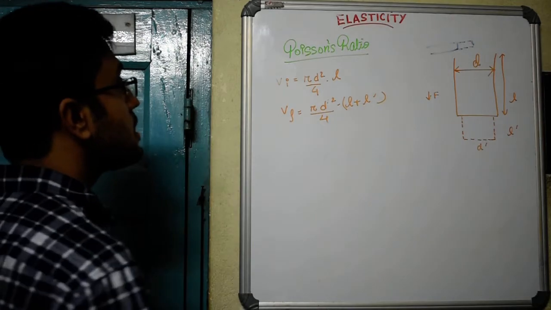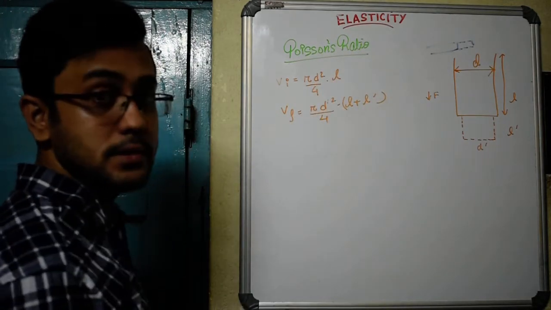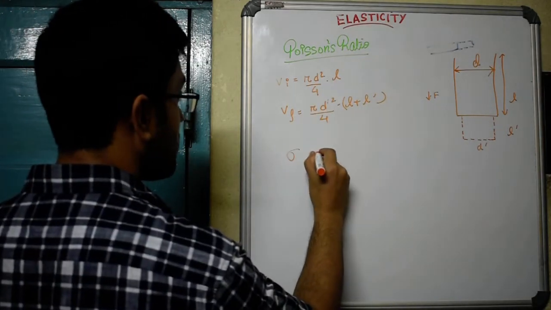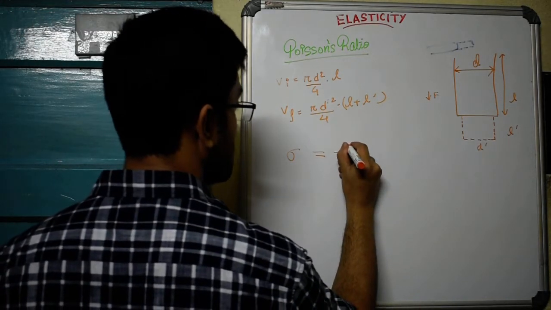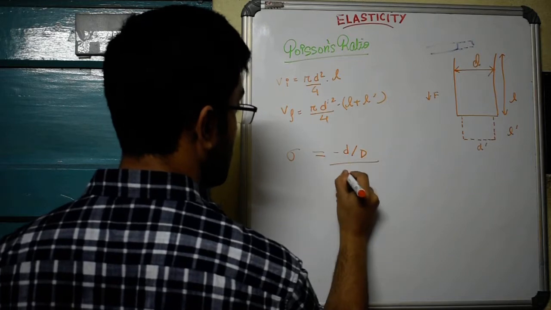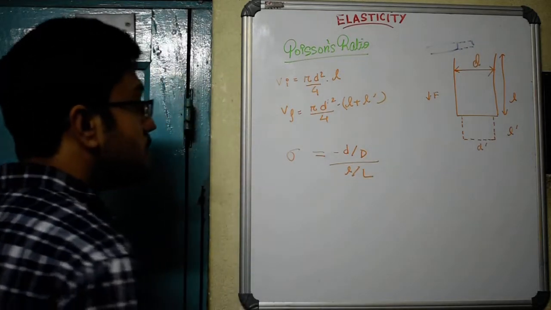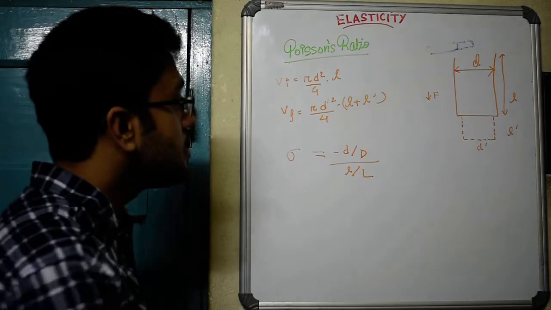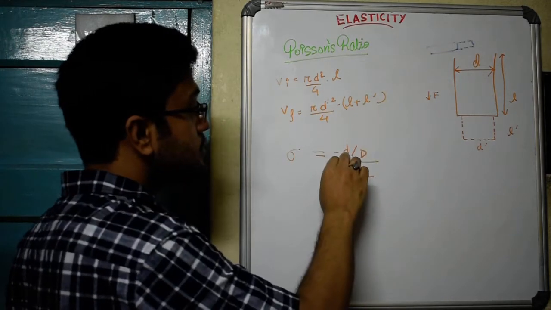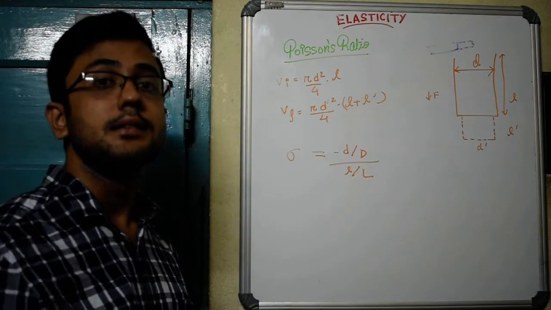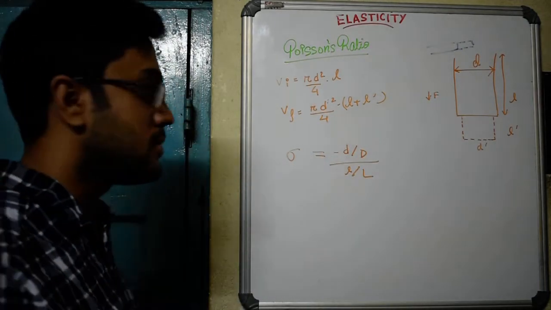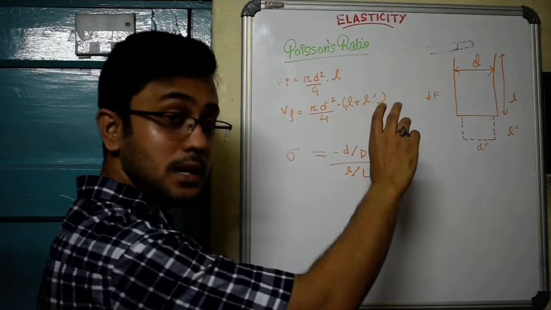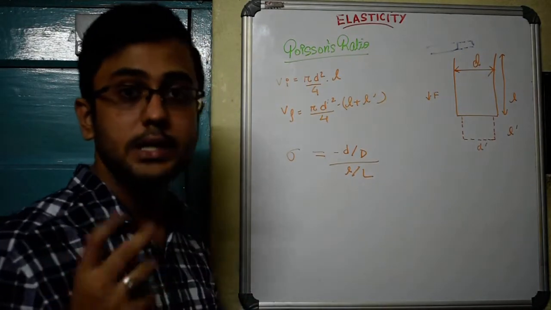And this brings us to what we call the Poisson's ratio. Poisson's ratio, denoted by this letter sigma, is equal to minus (d by capital D) divided by (l by capital L). So this small d here, that is not my diameter d. The small d here is basically the change in diameter, and capital D is the original diameter, and small l is the change in length, capital L is the original length.